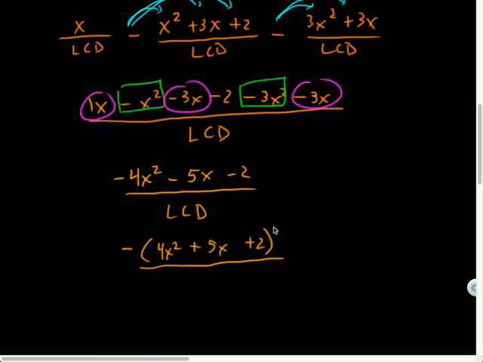AC method, because there's a number in front of the squared term that is not 1. So 4 times 2 is 8. Factors of 8, 1 and 8, 2 and 4. And do any of those add to be 5? No. So it looks like my answer is likely just going to be this over x plus 1 all squared.